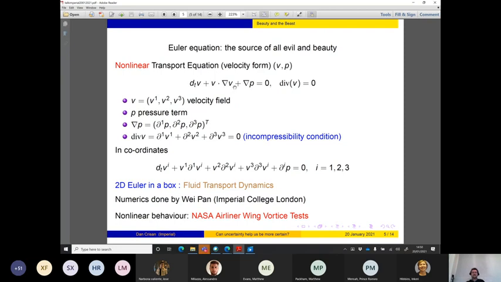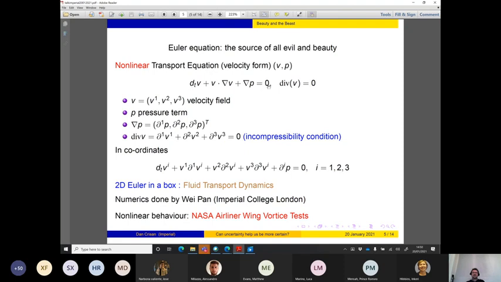Okay, but there's an additional unknown here, and this is this P here, which is called the pressure term. And I'm stating in here with this additional condition, which is called the incompressibility condition, which says that the divergence of the velocity is equal to 0.